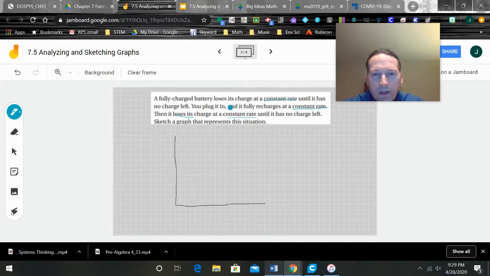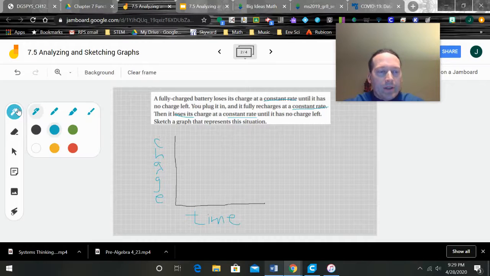So what are our labels going to be? It seems like it's going to be charge. I think I spelled that right. And then we'll call this one time. All right. Let me change colors here. So let's call this the top, full charge. It's going to go at a constant rate. Now, just because it's a constant rate doesn't mean they all have to be the same angle.